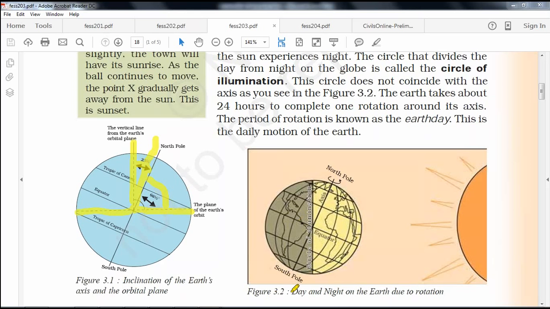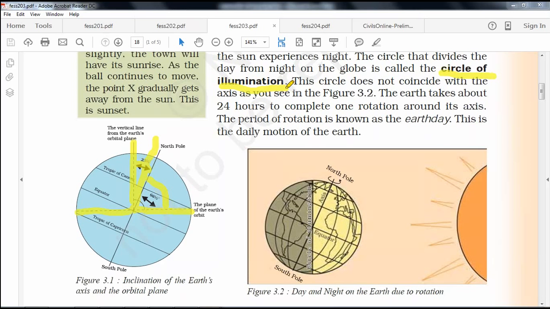And in the second diagram, figure 3.2, we know that the axis is not straight, it is somewhat tilted. Now we consider the sun's light falling on Earth's surface. There is a circle of illumination, which is the half of the part that gets illuminated by the sun's light. It's obvious, right? The whole surface of Earth won't get illuminated by sunlight at any point of time, because Earth's shape is spherical.